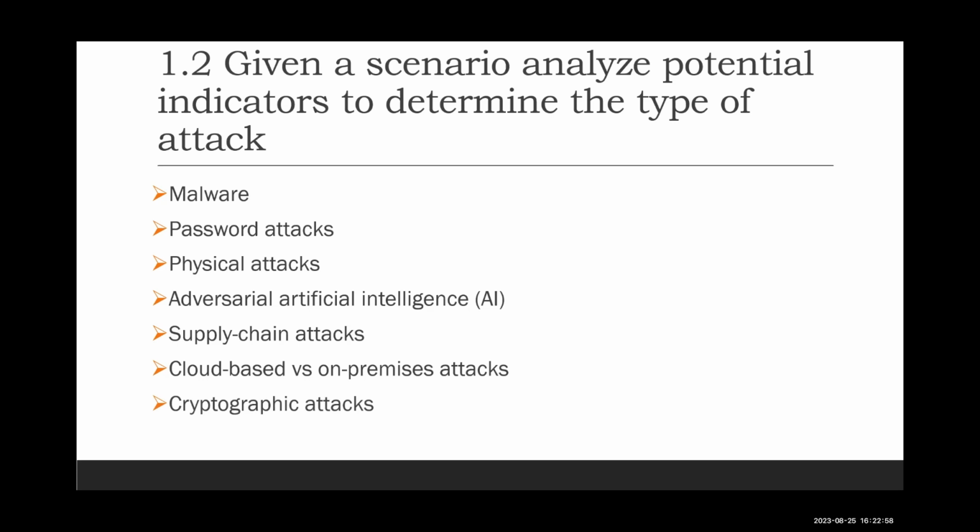And then we have cryptographic attacks, and these refer to methods used to break or exploit vulnerabilities in cryptographic systems. This can include cracking encryption keys, exploiting implementation flaws, and using what are called side channel attacks to extract information.